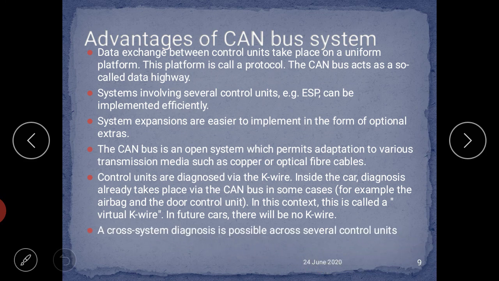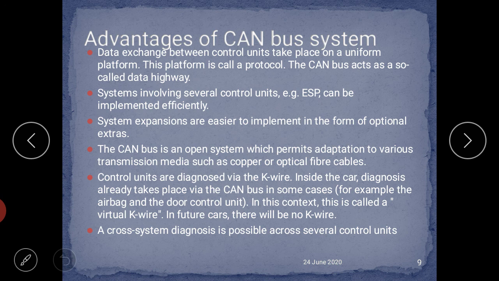Now the sixth one, cross system diagnostic is possible across several control units. So instead of diagnosing at a single point, I can make a diagnostic of a car at multiple locations, a cross diagnostic. It means that if I connect my adapter for diagnostic purposes at the rear end, I can also have access to the front controller.